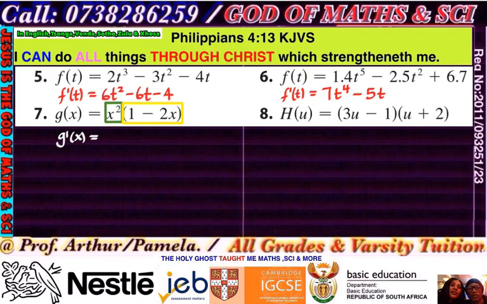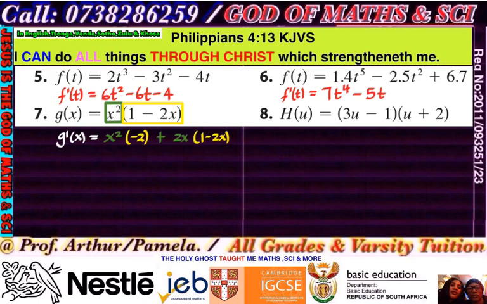So I'm going to stop the first, which is x squared, and then multiply by the derivative of the second, which is going to be minus 2, correct? Then we say plus, stop the second. So I'm going to write the second first myself so that it's easy for you to deal with. Then derive the first. The first will be 2x. I'm just going to put it in front here as 2x there.